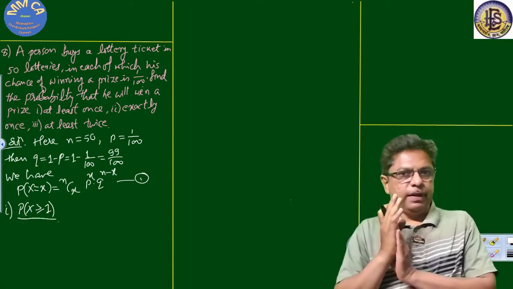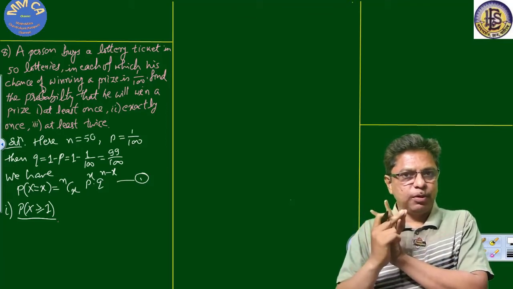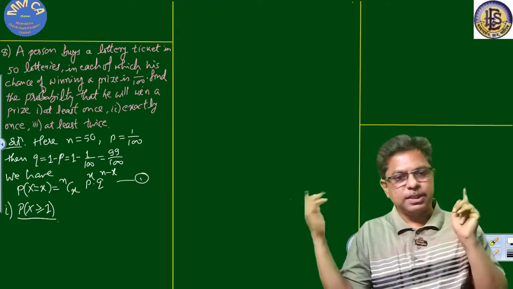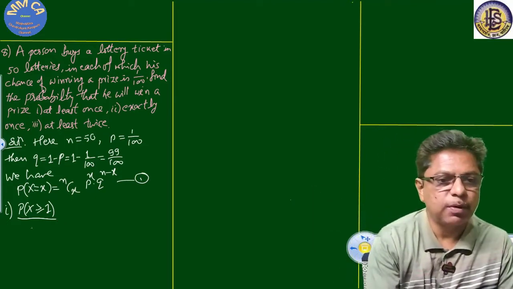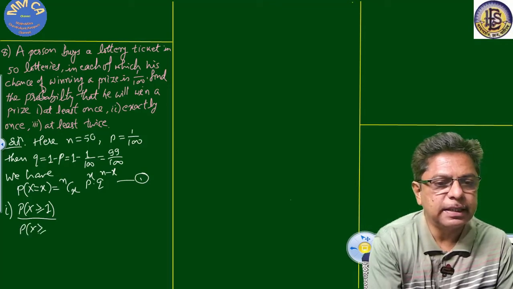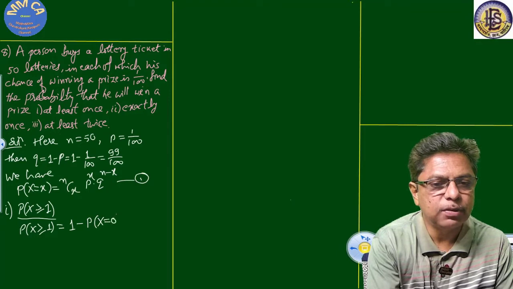Now, if we go for all those values, probability of X is equal to 0, probability of X is equal to 1, probability of X is equal to 2, up to probability of X is equal to 50, the sum will be 1. So this probability of X greater than or equal to 1 can be written as 1 minus probability of X is equal to 0.